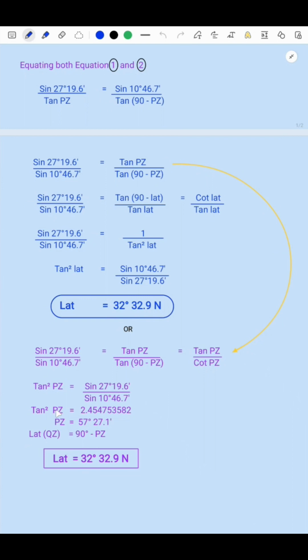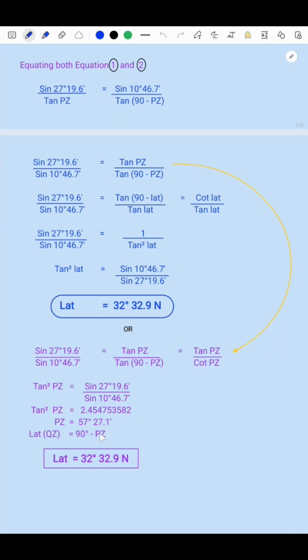When you simplify this value, you get this one. Then in order to remove the square, you take the square root of this, and whatever remaining value, you take the tan inverse of that value, you get PZ as 57 degree 27.1.